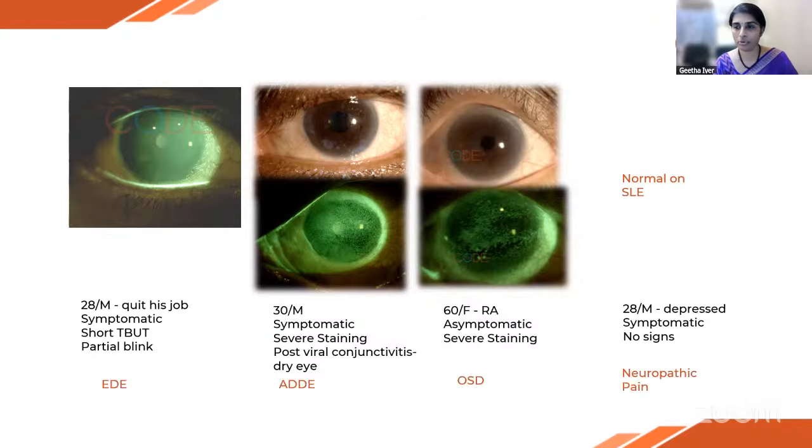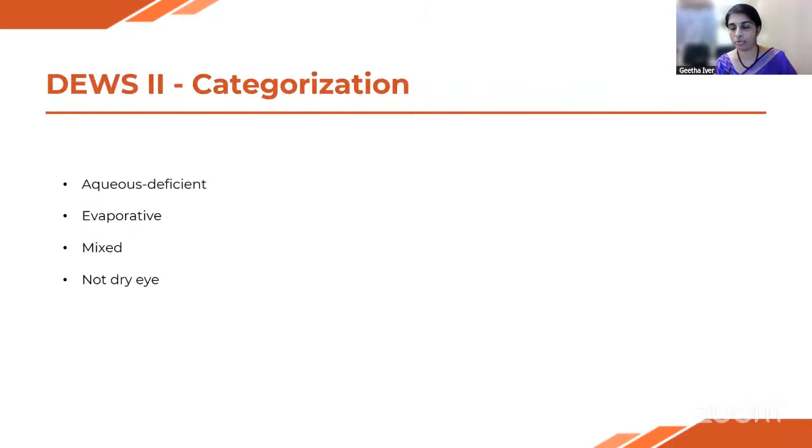Based on DEWS 2, this would have been the diagnosis for each of these patients: either evaporative dry eye disease, aqueous deficiency dry eye disease, ocular surface disease, or neuropathic pain. DEWS 2 basically relied on categorization of patients into these boxes.